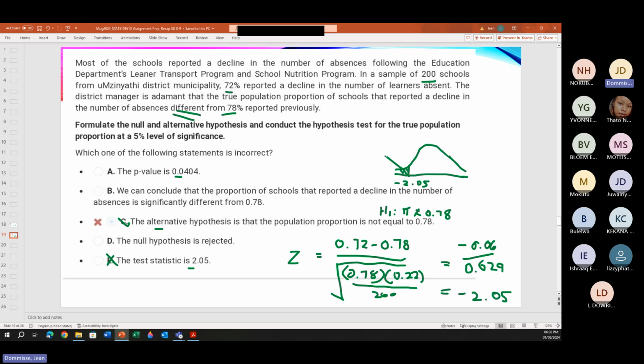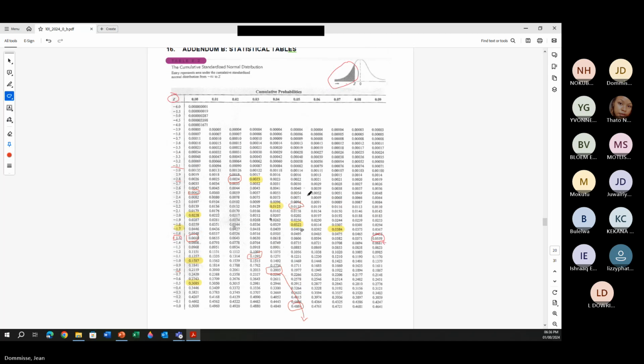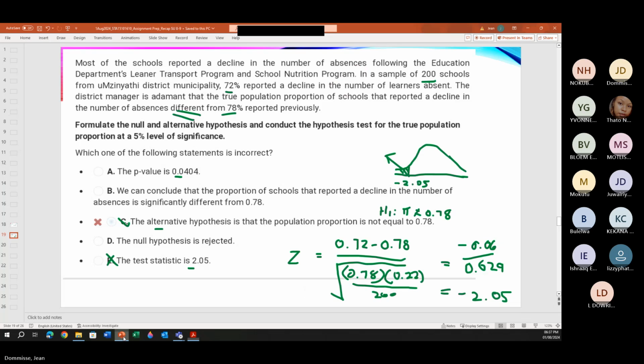Let's get that p-value for minus 2.05. Quickly, 2.05, 0.0202. Remember we're working, if the alternative was not equal, so we're working with a two-tail.